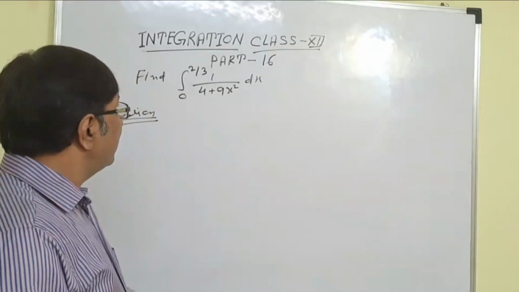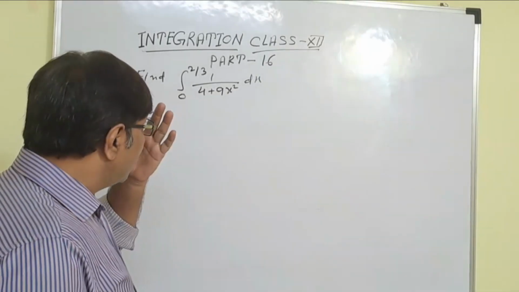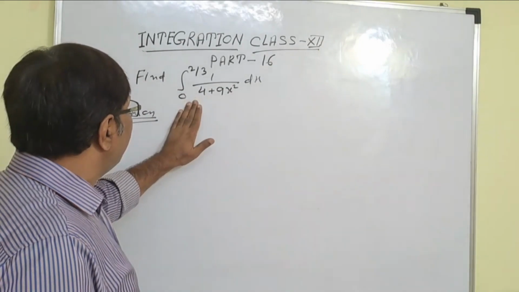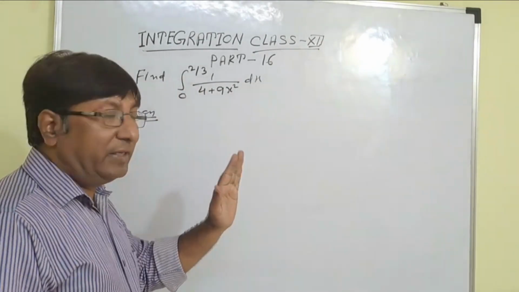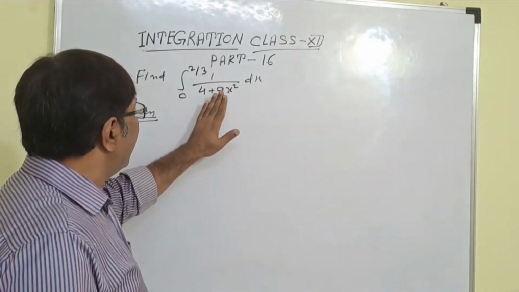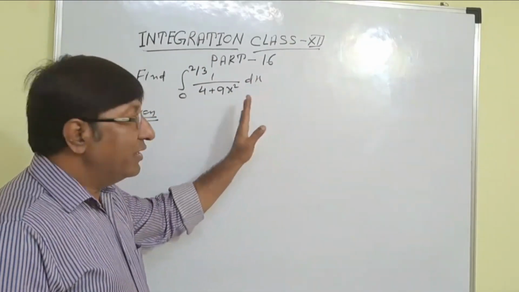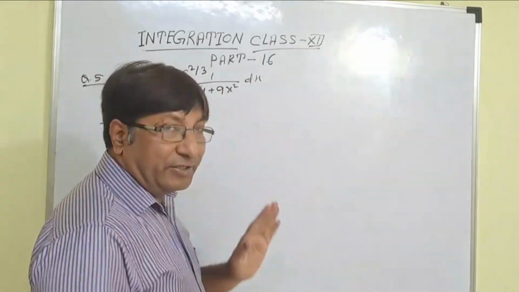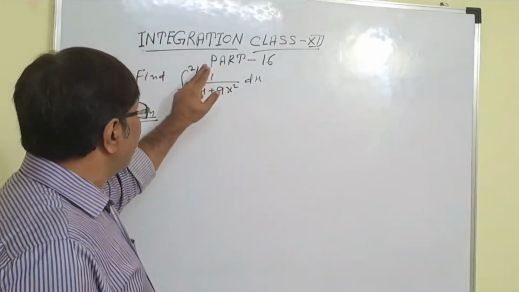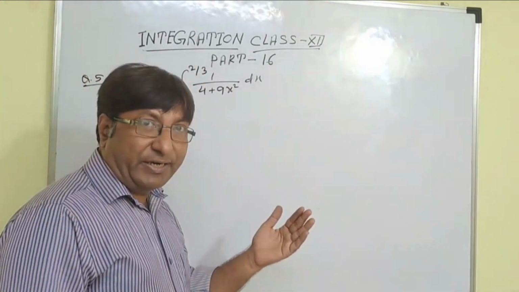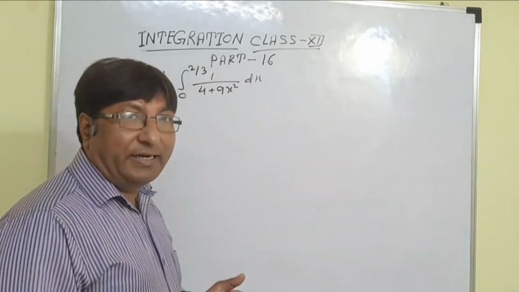Now see question number 5. Question 5 is: find the integration from 0 to 2 by 3 of 1 upon 4 plus 9x square dx. So this is a definite integration. First we will solve the integration of the function and then use the upper limit and lower limit.